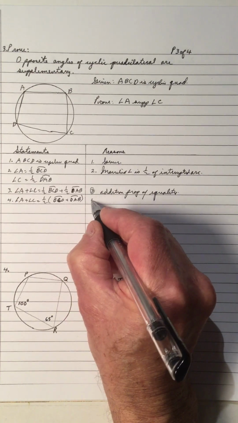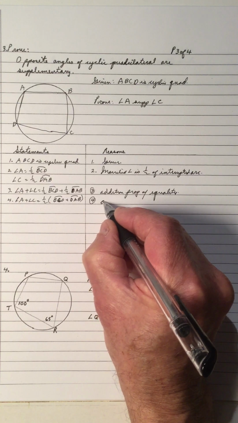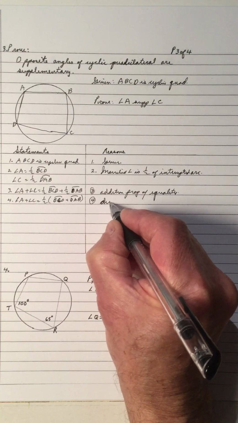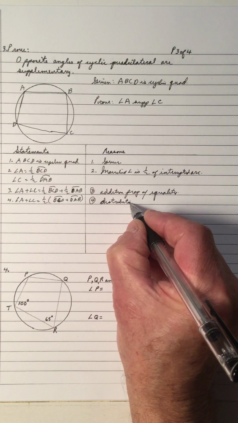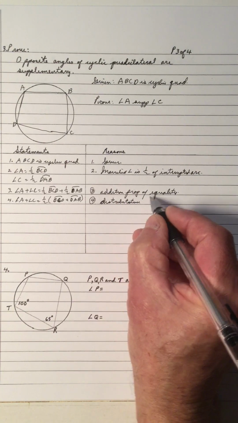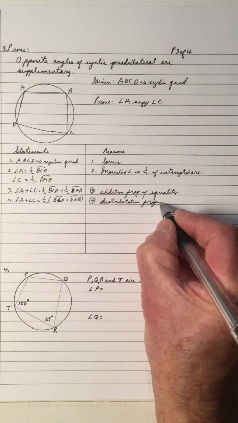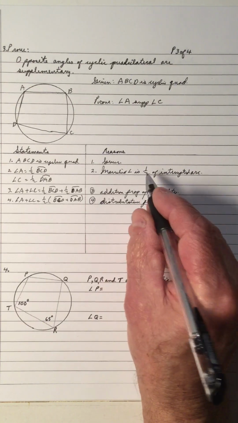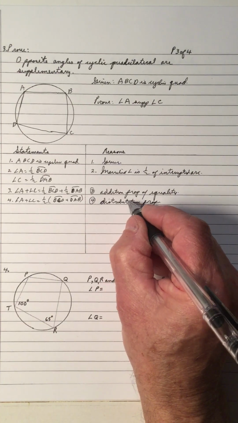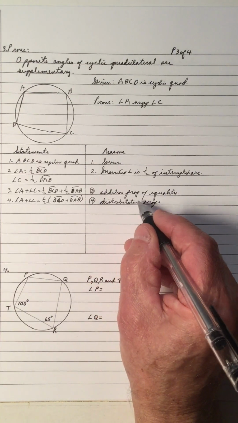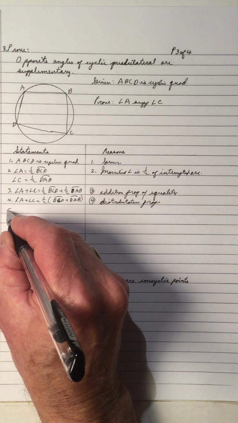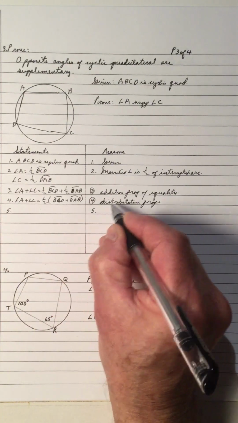And that's the distributive property. Terrible spelling there, but sometimes my spelling is a little bit off.